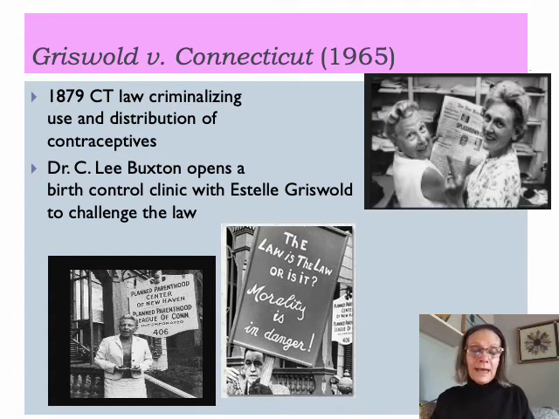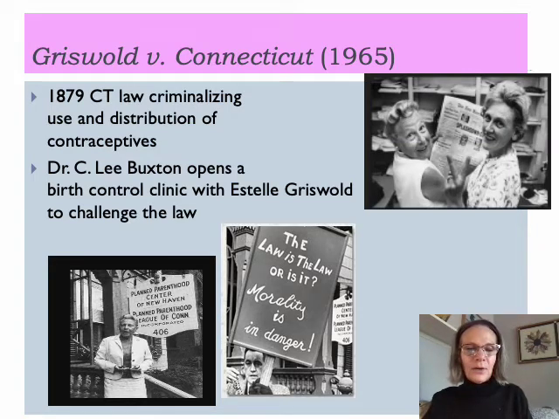They opened this clinic in order to challenge the law. Because the only way you can figure out whether or not a law is in fact constitutional is that a person has to break the law, and then you have to bring that question to the courts, and hopefully, in this case, all the way to the Supreme Court of the United States, to determine whether or not that law is constitutional. And so that's what Buxton and Griswold did.